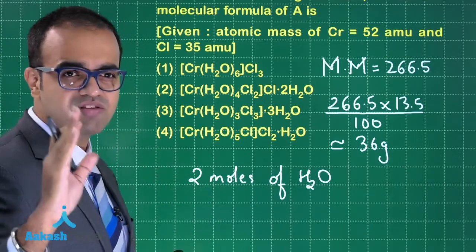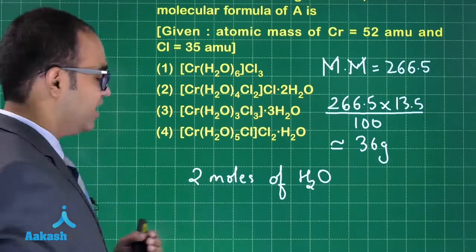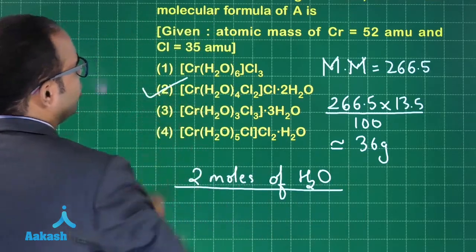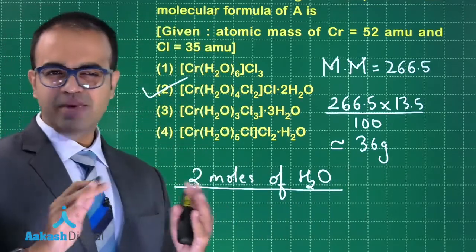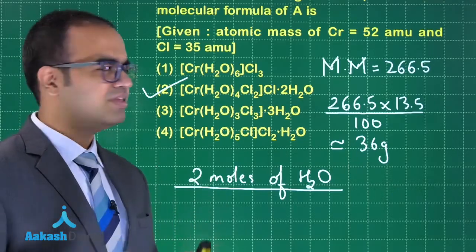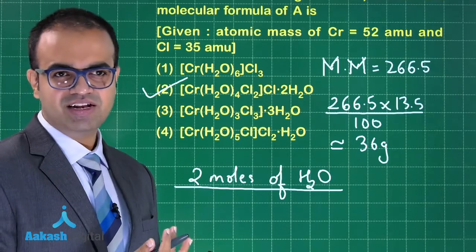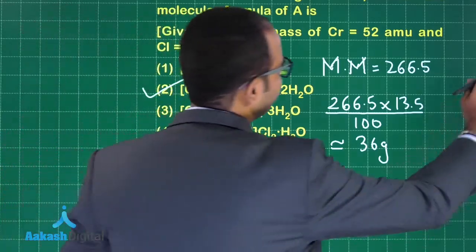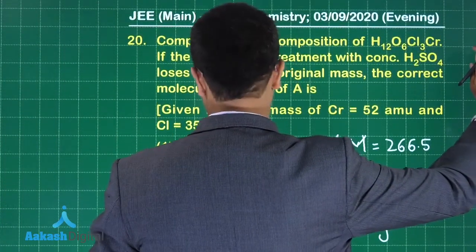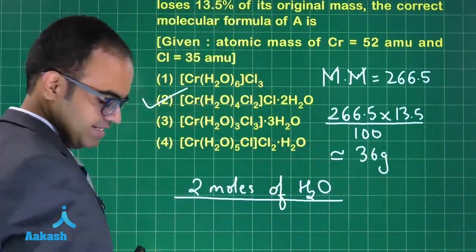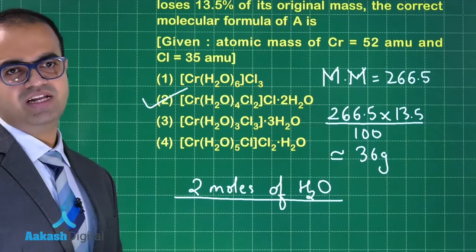How many moles are we losing? We are losing 2 moles of H2O. So the answer is option 2. It was a mixed question, guys, from coordination as well as some concepts of physical chemistry. So it was an easy question. I hope you have understood this without any doubts. Let's proceed ahead.